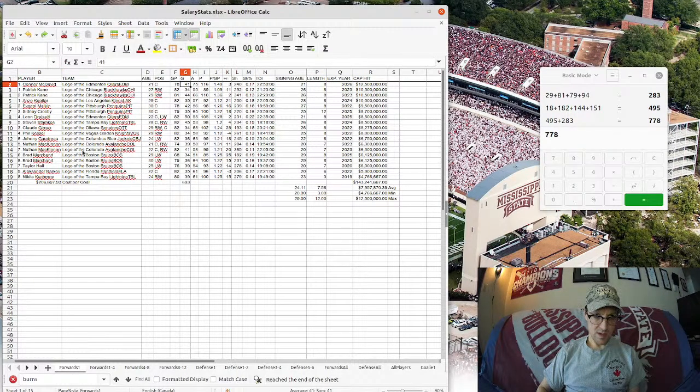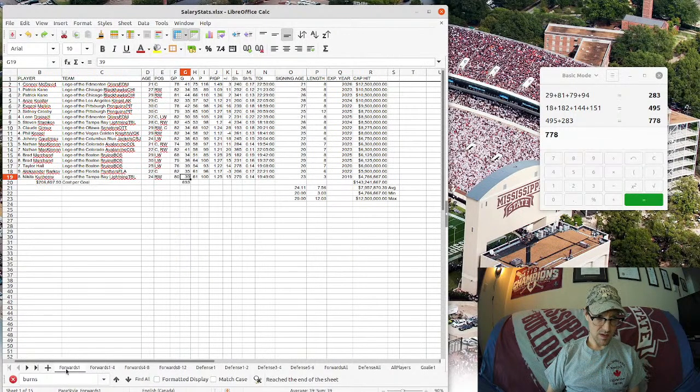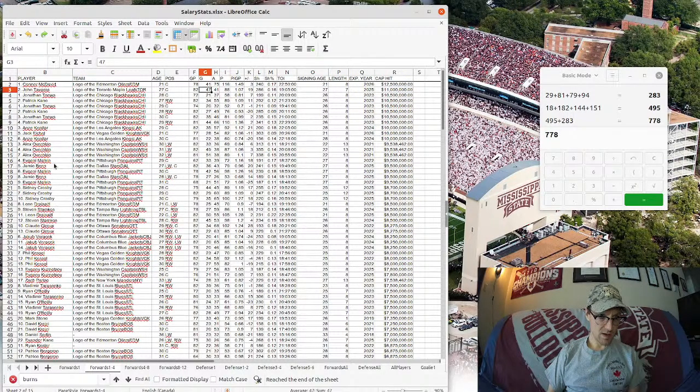41, 39, 41. Kucherov, 39, 100. Where is he?